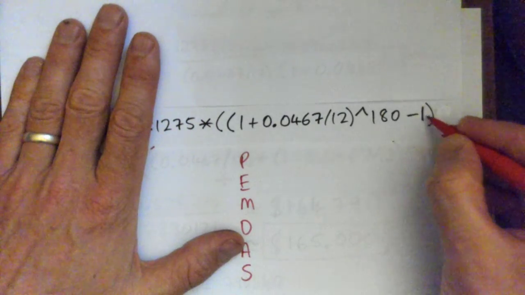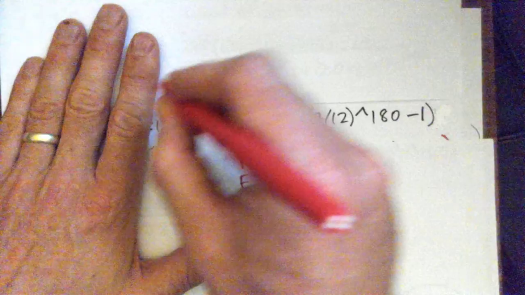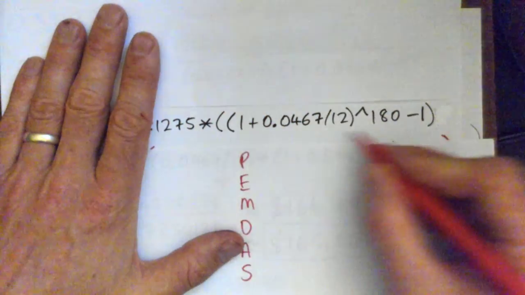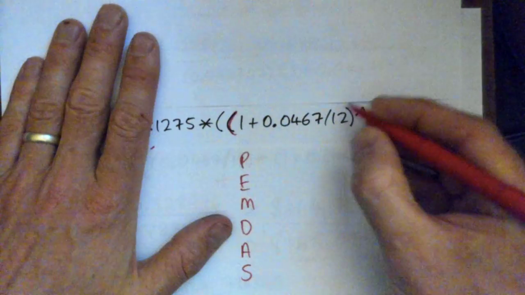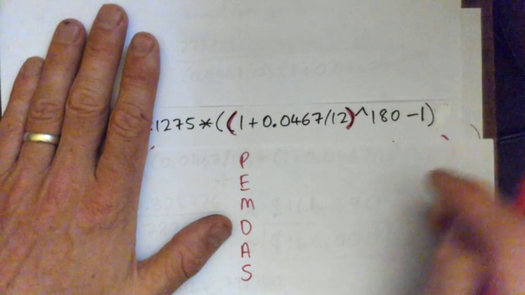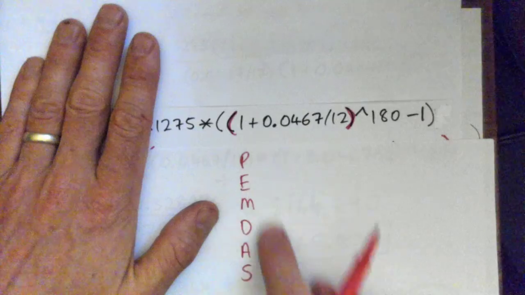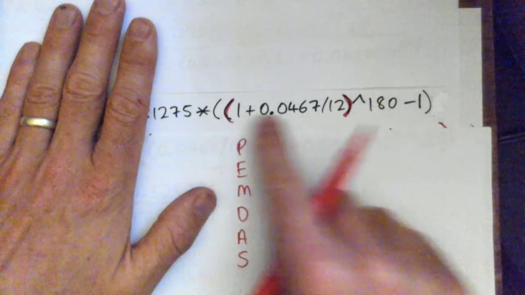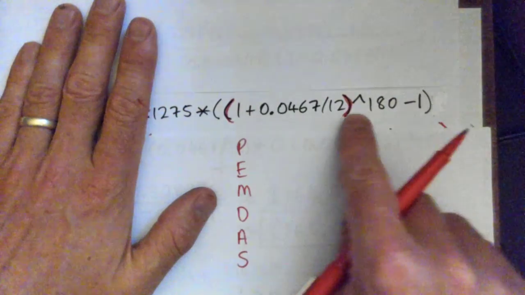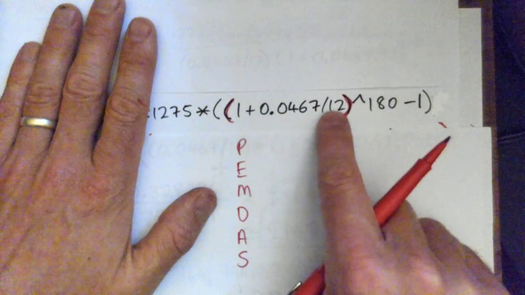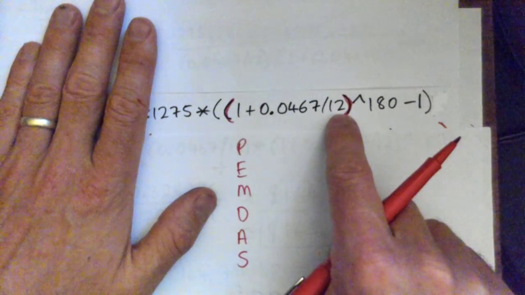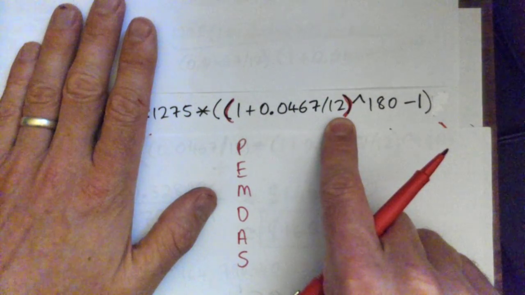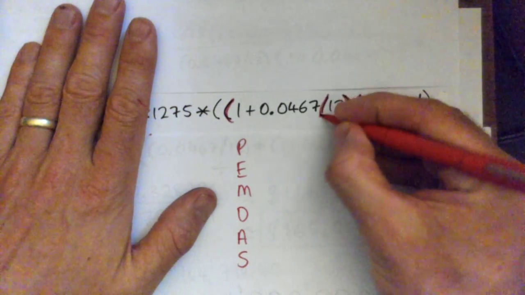It goes inside there, and from left to right, we've got parentheses again. So your calculator is doing the PEMDAS for you. Inside the parentheses, it has an addition and a division. Which one does it do first? Division first, right.